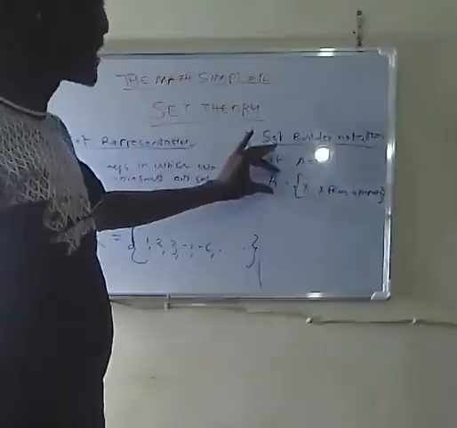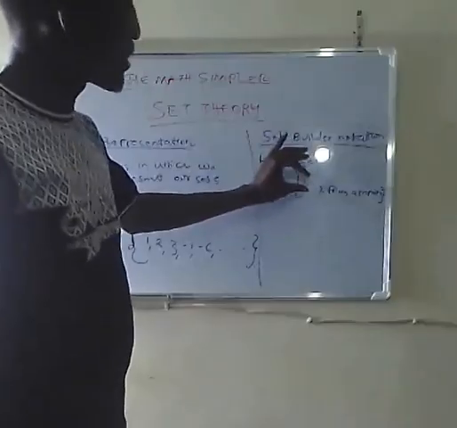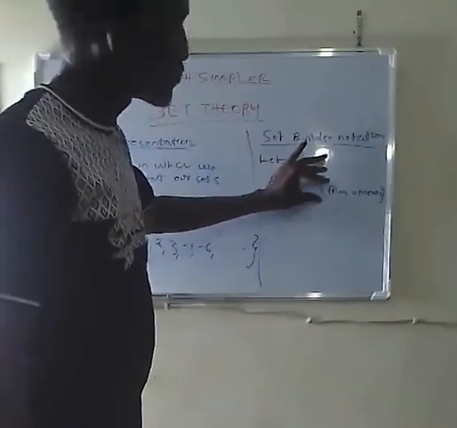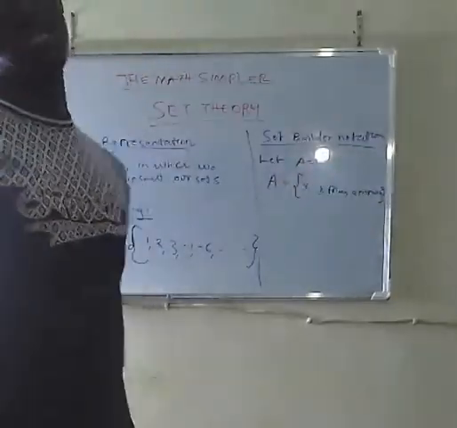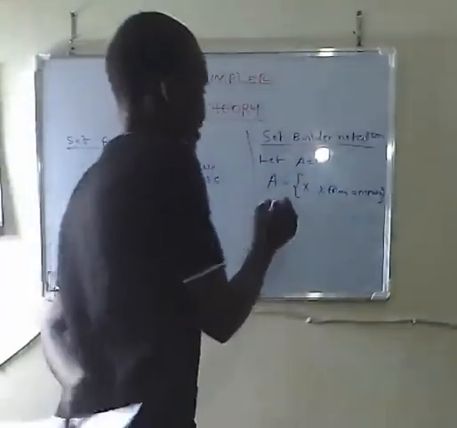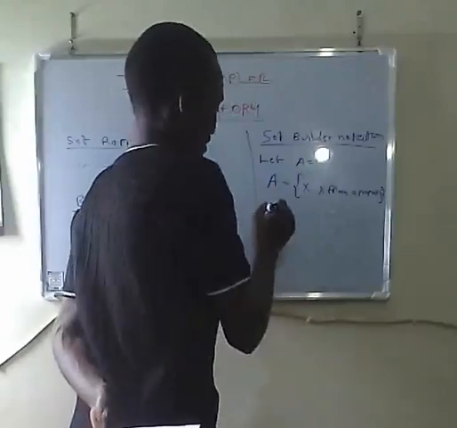For example, the set of positive real numbers is the set of x such that x is greater than 0.